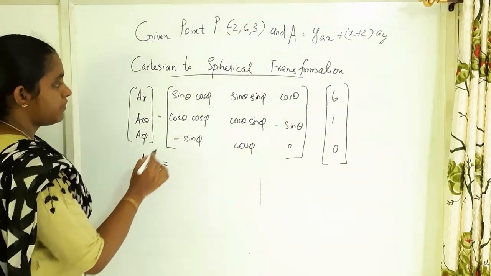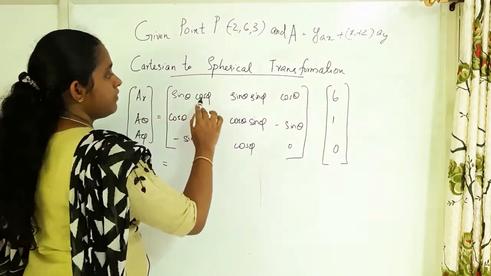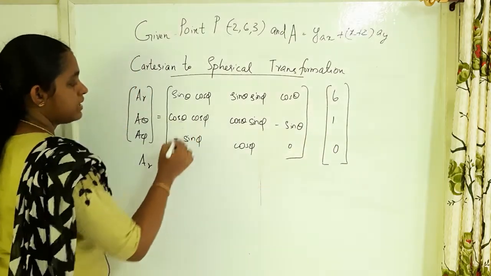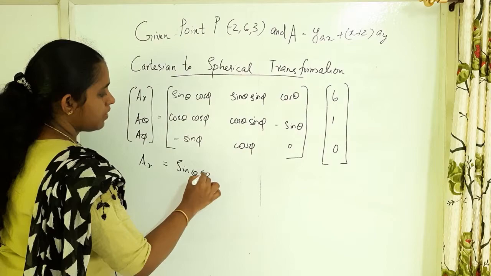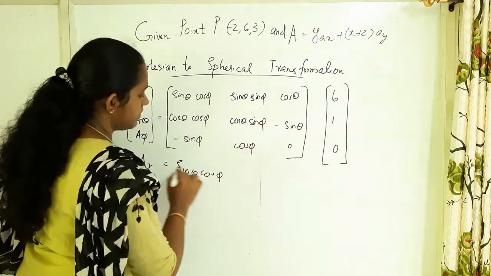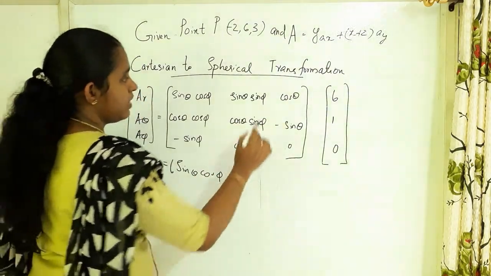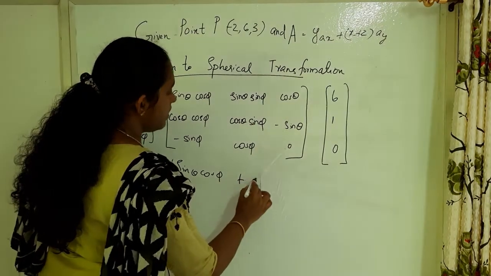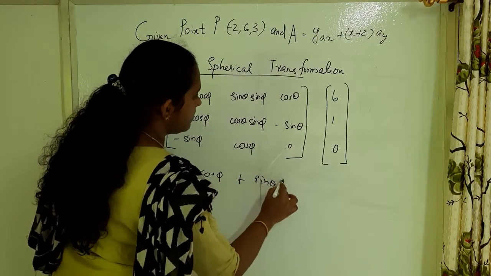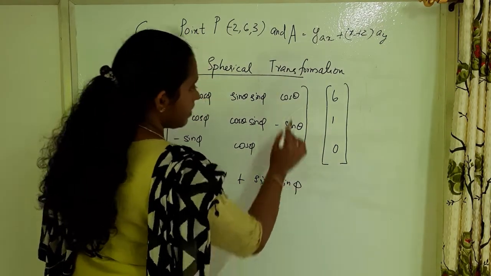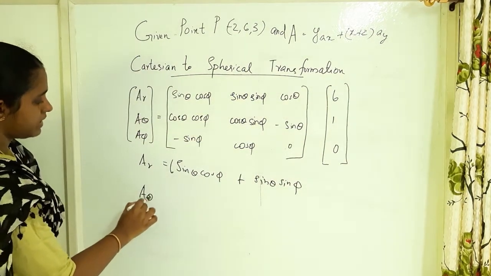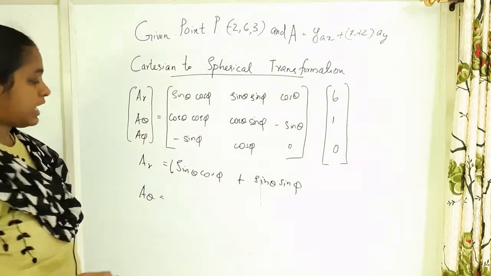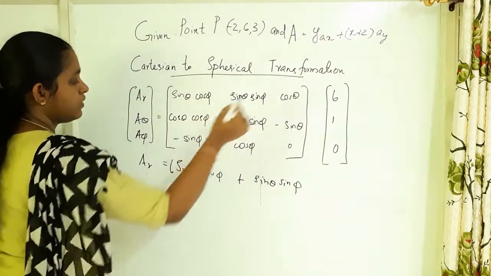So what is AR? Multiply this matrix, first row into this column. So sin theta cos phi into 6, so there is 6 sin theta cos phi, then plus sin theta sin phi, this is cos theta and 0, that is 0. Next is A theta, which can be found by cos theta cos phi into 6.